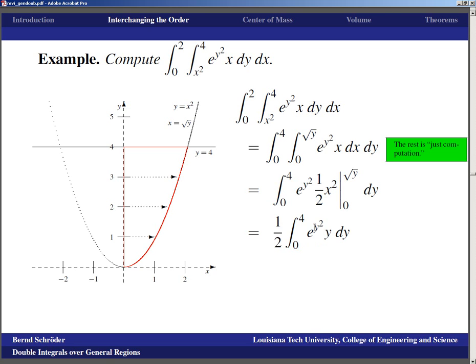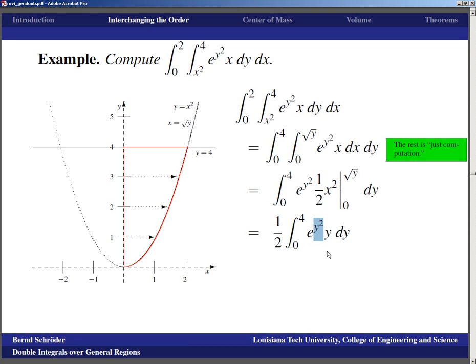And now this is nice because this is an integral where we can do a substitution u equals y squared. And here's also one of those places where I would say if you need to review that, go ahead and use paper and pencil, separately, hit the pause button to work it out. The substitution is u equals y squared.